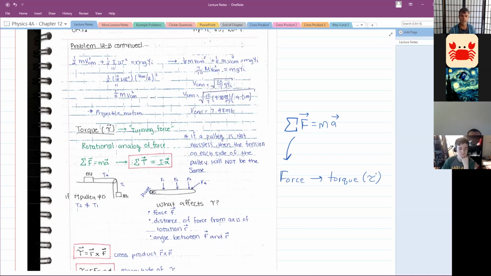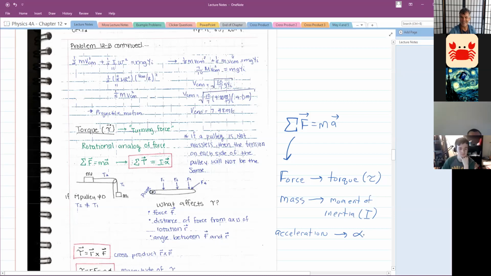It affects angular acceleration. The angular equivalent of mass we've already seen, that's our moment of inertia, which we write as I. And our angular equivalent of linear acceleration is angular acceleration.